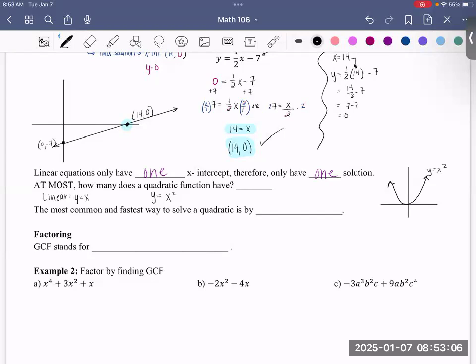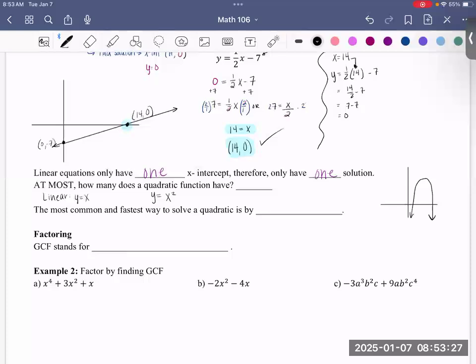However, if I were to draw it again, let's say I draw it one more time, take it away. How many solutions would I have if I drew my parabola up here? Well, here I'd have none. Let's say I flip that one upside down and it came down here.